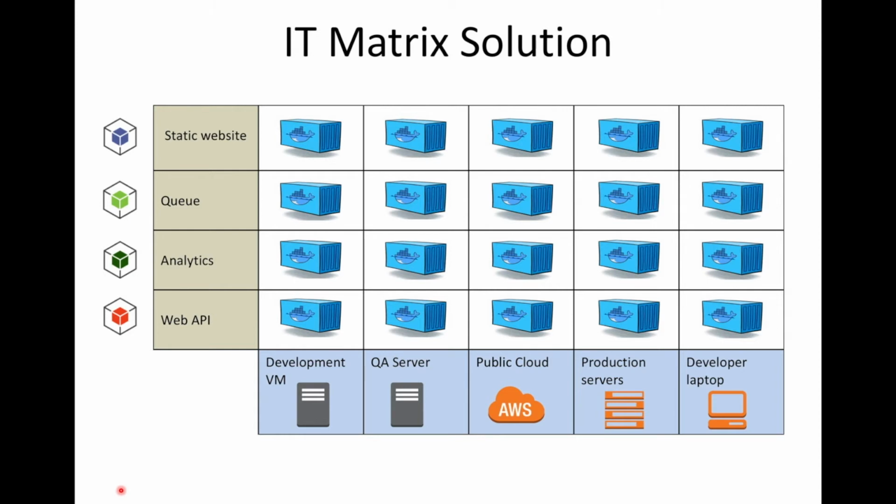And instead of deploying the application stack to the environment, we're actually deploying a container to the environment. And the container is the same. The container that I run on my developer laptop is absolutely identical, bit for bit, to the container that I deploy on my production server.